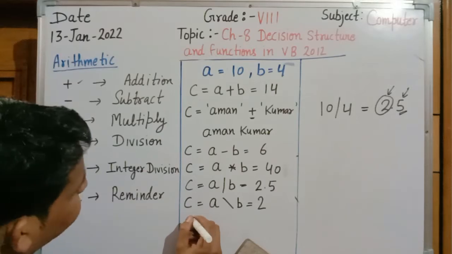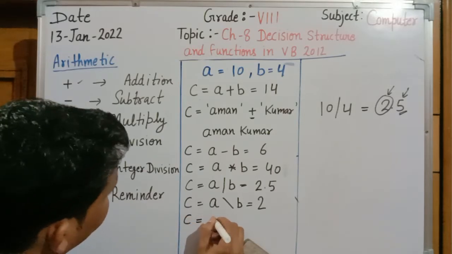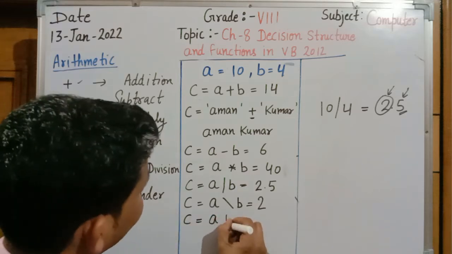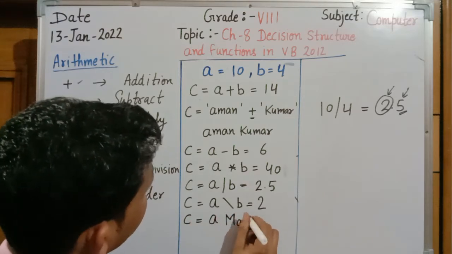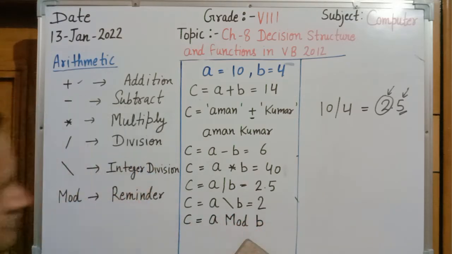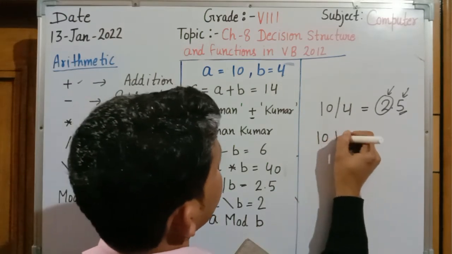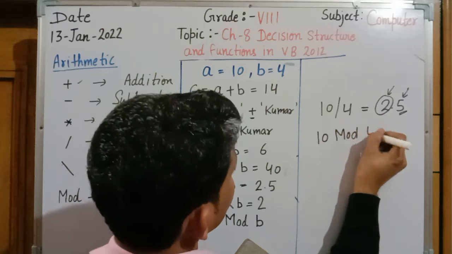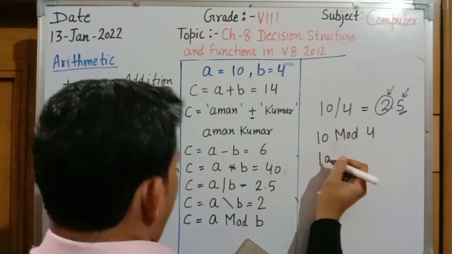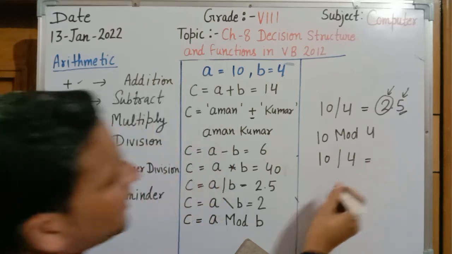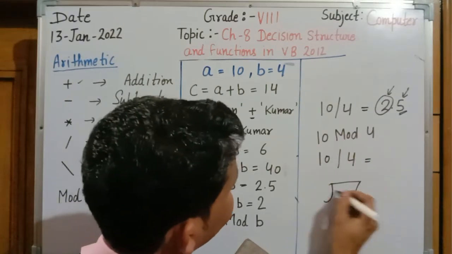Next is mod. If we are writing C equal to A mod B, what will be the result? Now see again, 10 mod 4. 10 will be divided by 4, and the remainder will be here.